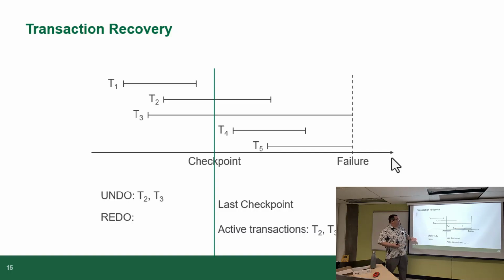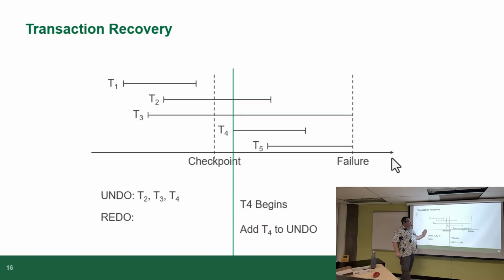Then the line continues moving. We start transaction 4. So 4 goes into the undo pile because it's not committed yet. The commit message has not happened. Therefore, as far as the database is concerned, these transactions are not valid. Therefore, they're undo. We're not going to do these. We're just going to take them away.